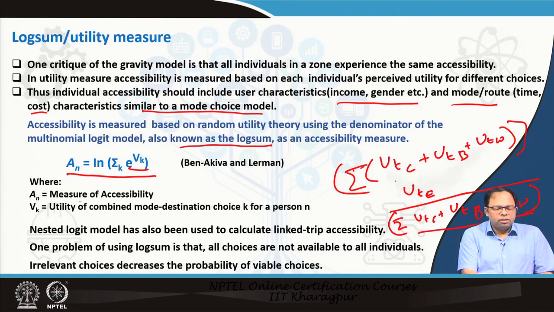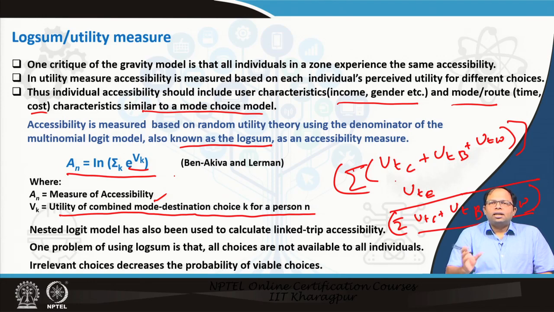So An is the measure of accessibility, and Vk is the utility of combined mode-destination choice k for a person n. So we can choose a mode, or we can choose a mode and a destination choice together, and again we will discuss this in a more advanced model. This is difficult to cover in this particular lecture, but this basically means it's a joint choice between mode and destination.